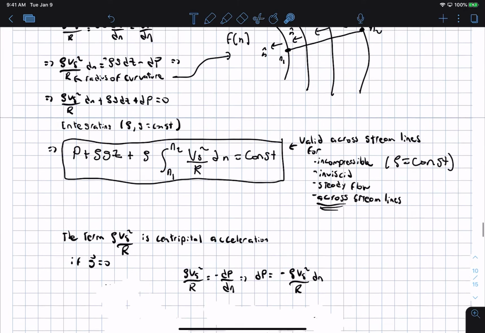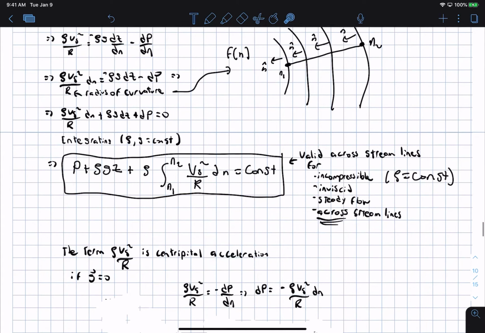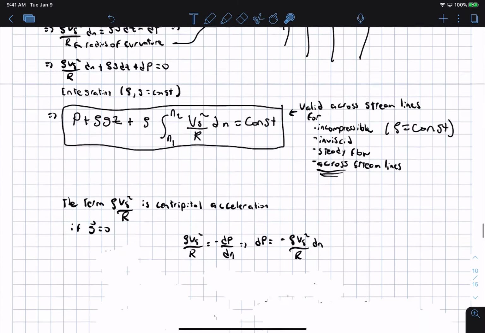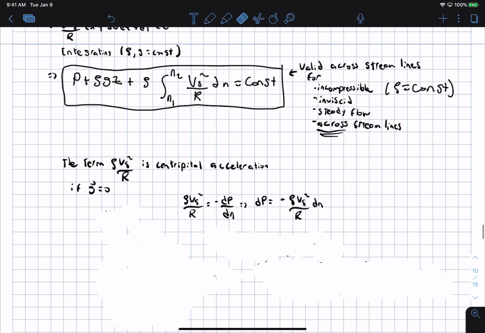And where I got this was I just worked with this master equation here, crossed out this term over here, and then just rearranged everything and basically solved for dp. Okay?